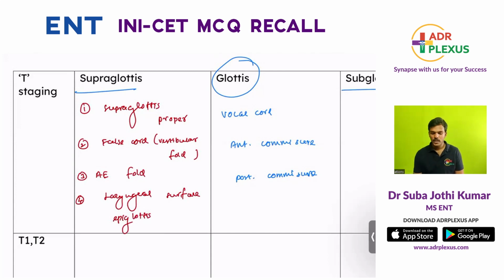Clear? So why you should know this? Because the subdivisions of the supraglottis are very important. Then only you could easily answer the T staging of supraglottis. In glottis, you should just know vocal cord is the glottis.